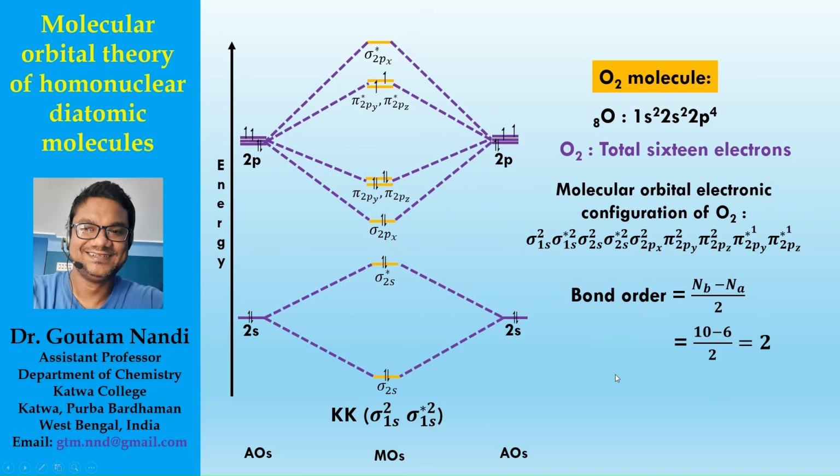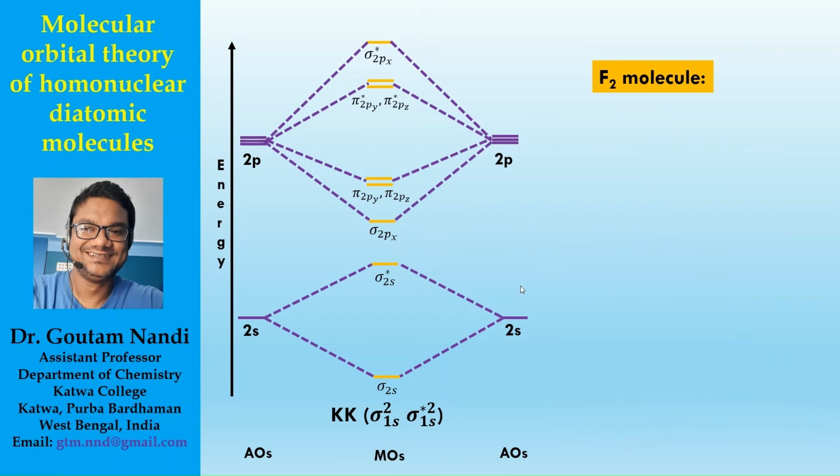And we know that because between the two O atoms we always write a double bond. Now the magnetism, here two unpaired electrons are there in the molecular orbital diagram, so the O2 molecule will be paramagnetic.